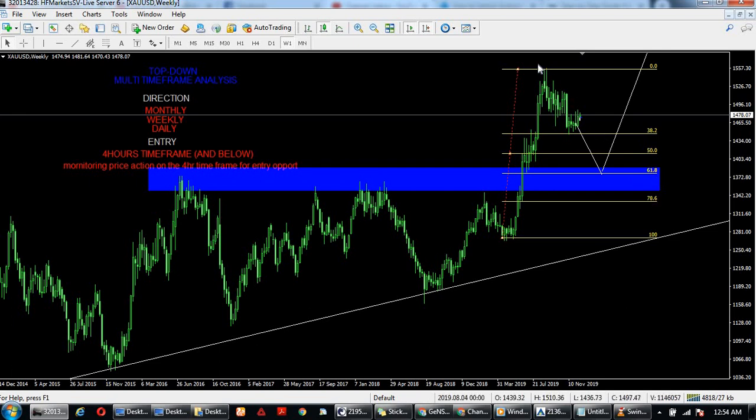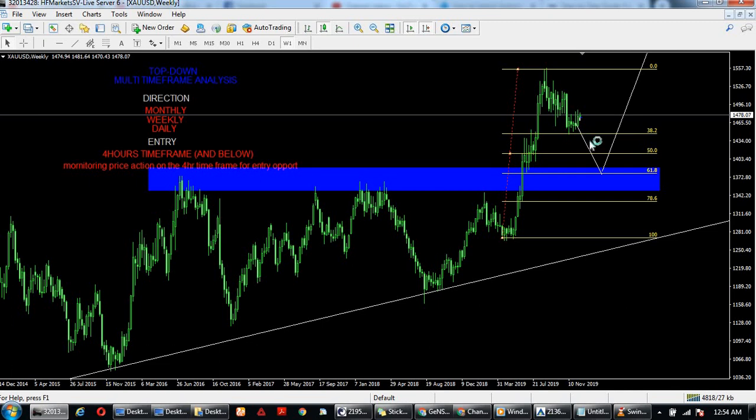We can see price came right down into the 38.2, and then we had a movement again to the upside. Most likely price is stalling now to move back to the downside.